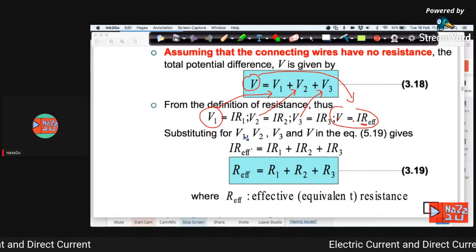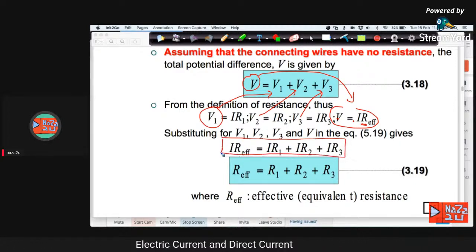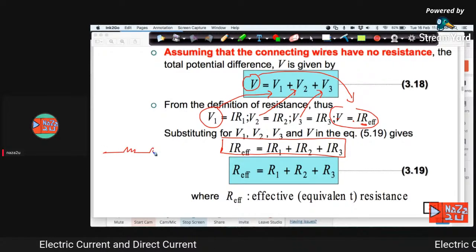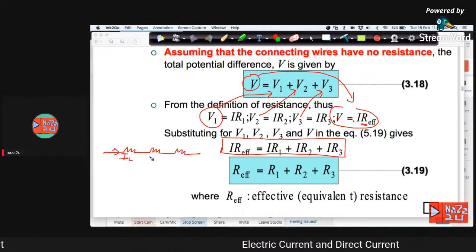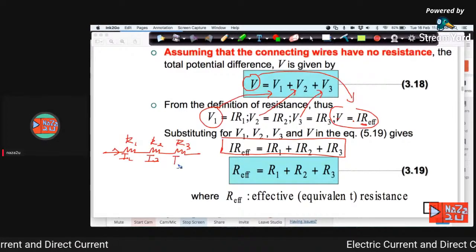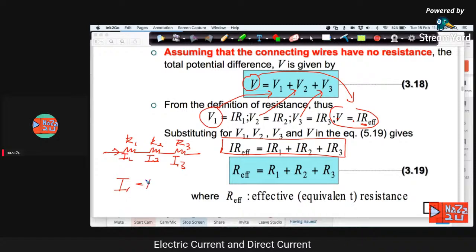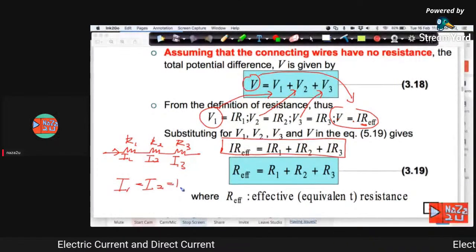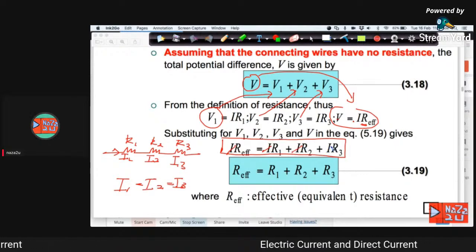So, bila kita masukkan, ini yang kita dapat. Dan kita tahu dalam series circuit, arus yang masuk dalam, katalah sini I1, arus yang masuk dalam perintang yang kedua, this is R1, this is R2, and this is R3, arus yang masuk dalam tiga-tiga ni adalah sama. I1 is equal to I2 is equal to I3. So, kita boleh cancel sini. I ni kita boleh cancel kiri kanan. Last sekali ini yang tinggal.